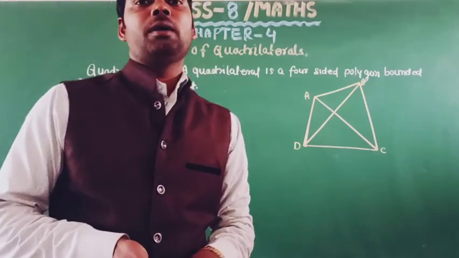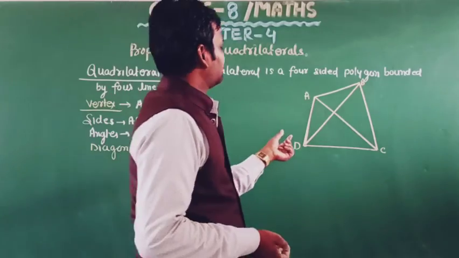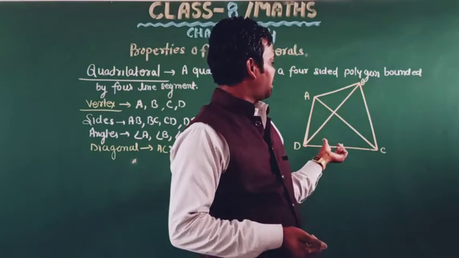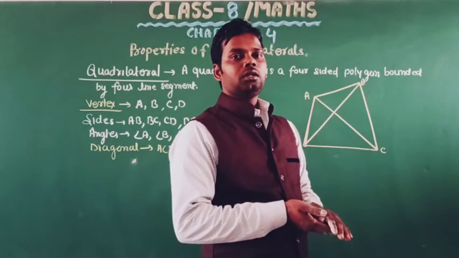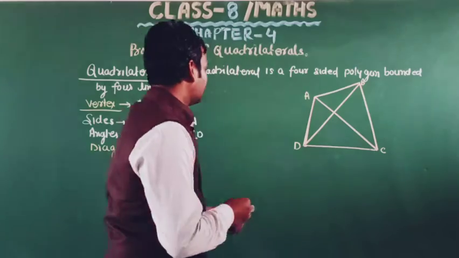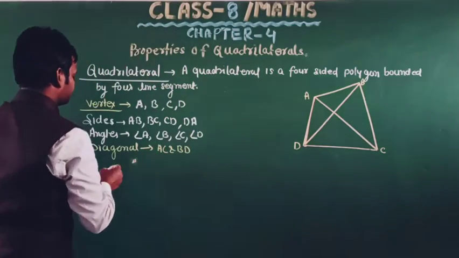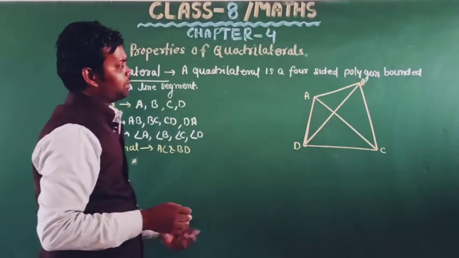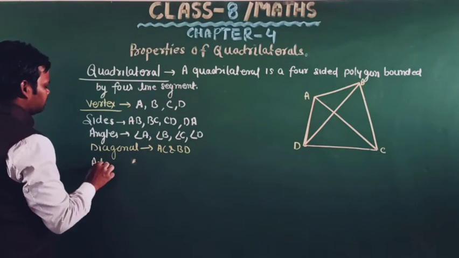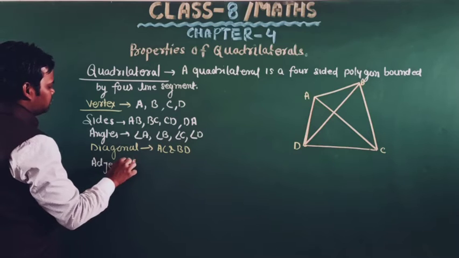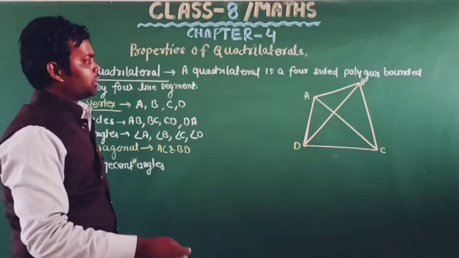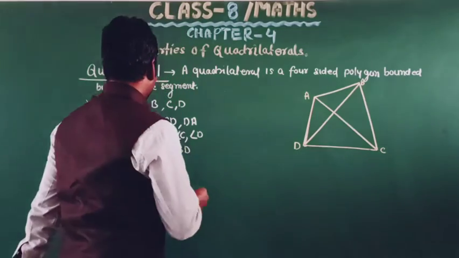We will also have pairs of adjacent sides and adjacent angles, and also opposite sides and opposite angles. First start with adjacent angles. A quadrilateral has pairs of adjacent angles.